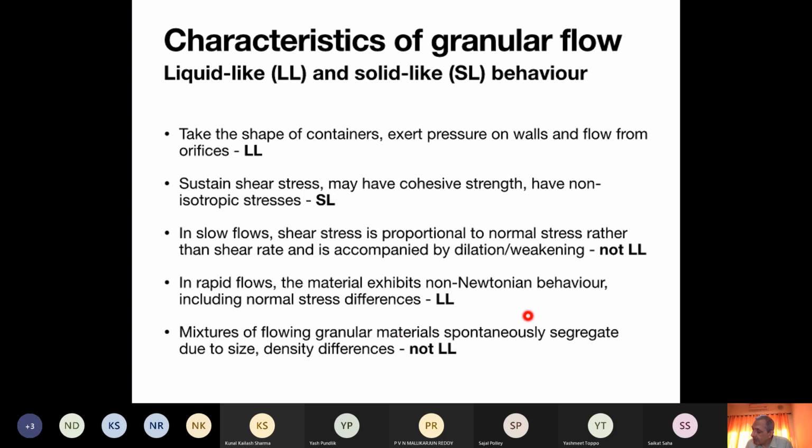And so they demix or segregate spontaneously. And this is also not what we see when, let's say, alcohol and water are flowing; you never see them separate out so easily. So it's not like a typical liquid. So you have to take into account things like segregation, non-Newtonian behavior, friction-dominated behavior, and so forth. So these are some very typical characteristics of granular flows.